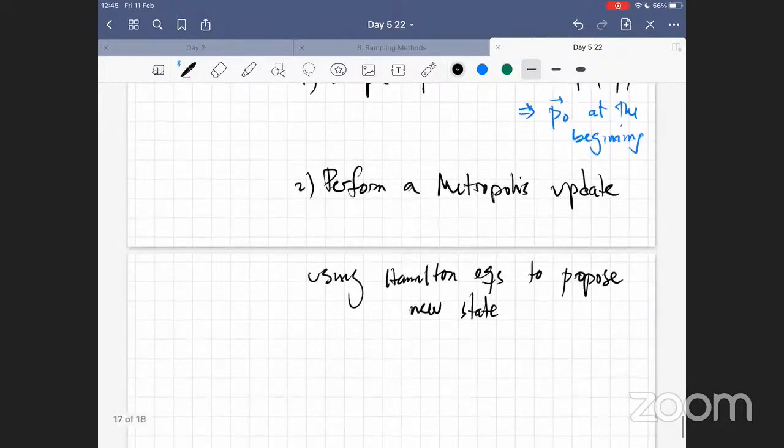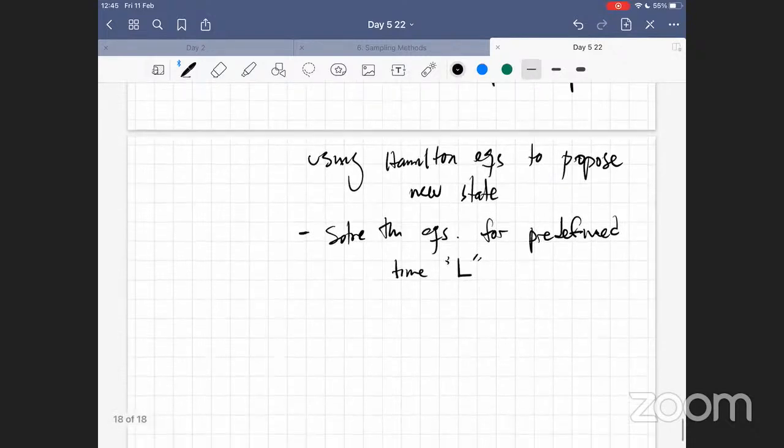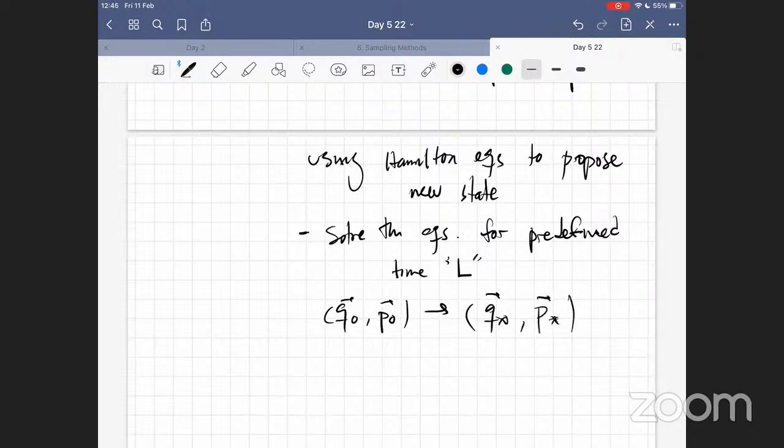So what you do here is you solve the equations for a predefined time L, let's say. So I am trying to work out this transition here. Okay.